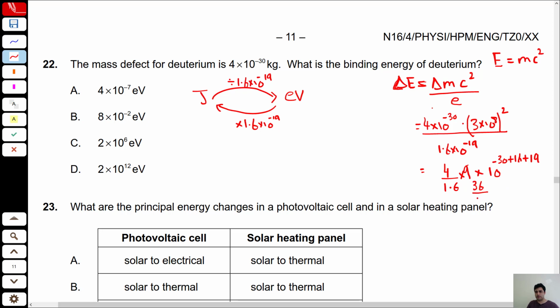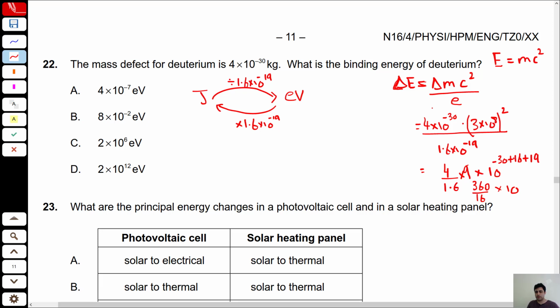So 1.6 can be actually written as 16, and you can put like one more 0 here. So it's easy to calculate, right? Times 10 to the power, and this is going to be negative 3 plus negative 15, negative 15.